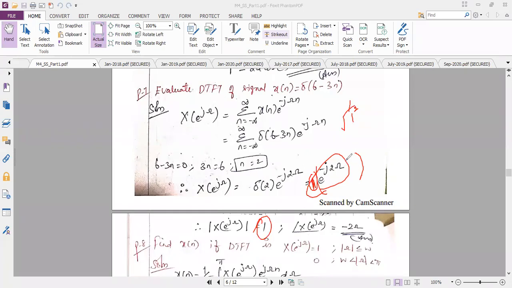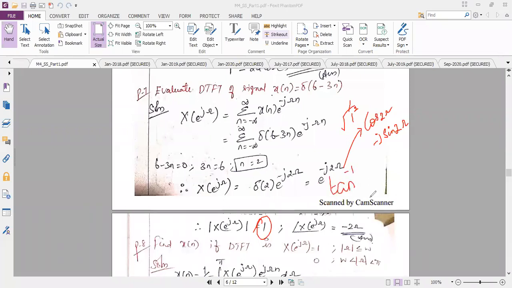What about phase? To find the phase, I have to write this in a plus ib format: cos 2 omega minus j sine 2 omega. The formula for finding the phase is tan inverse of b by a.